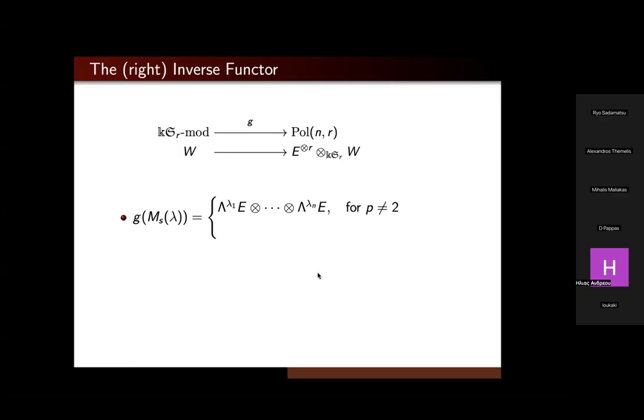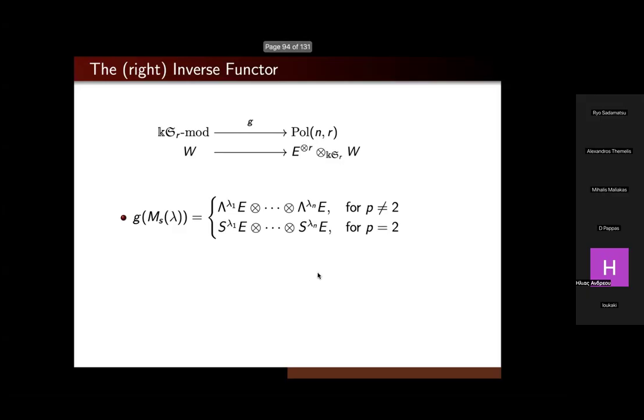So if I apply the G functor on the sign permutation model, I will get the tensor product of the exterior powers if the characteristic is not 2. So for p odd, then actually we have a full inverse. Things will go back to where you started, for p greater than or equal to 3.